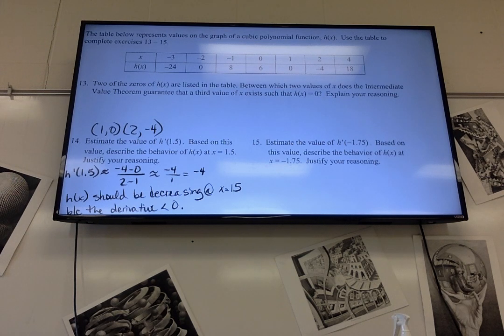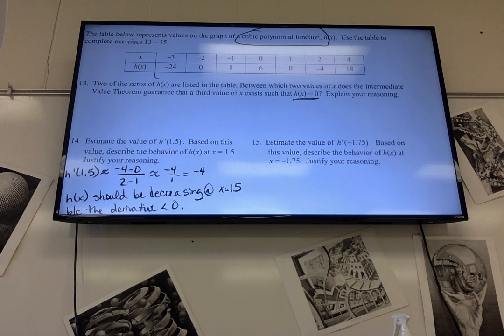First, you have to have a continuous function. Well, it says it's a cubic polynomial function. That's continuous. And then you have to have values in which 0 is going to be in between for h of x.